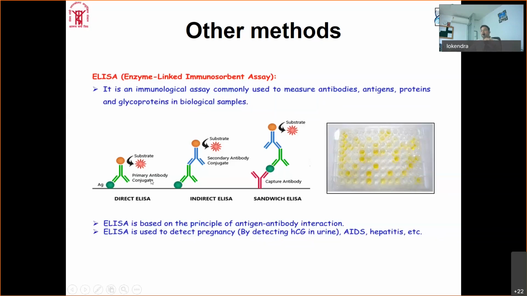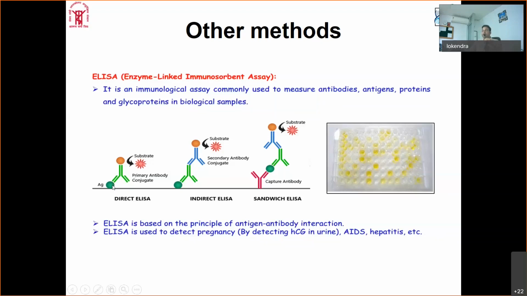So if the antibody is already linked with an enzyme which can react with a substrate, that is what we call direct ELISA. So direct ELISA directly identifies the antigen without the addition of any secondary antibody. The antigen is a virus particle or maybe certain proteins that we want to identify, and this antibody is complementary to this antigen.